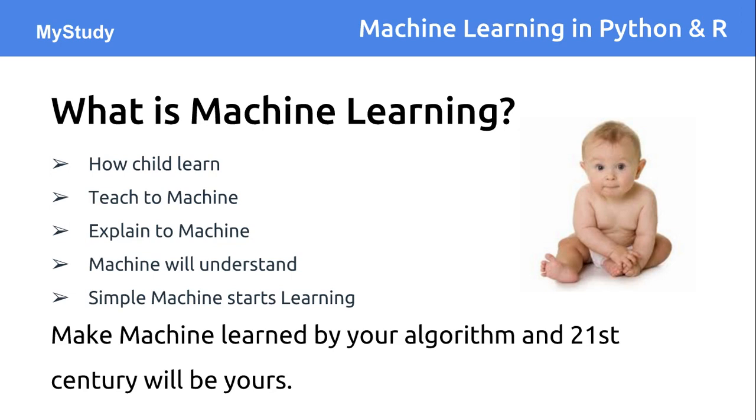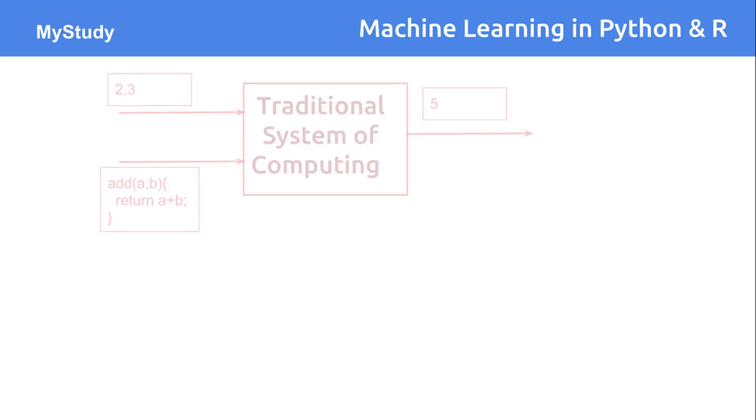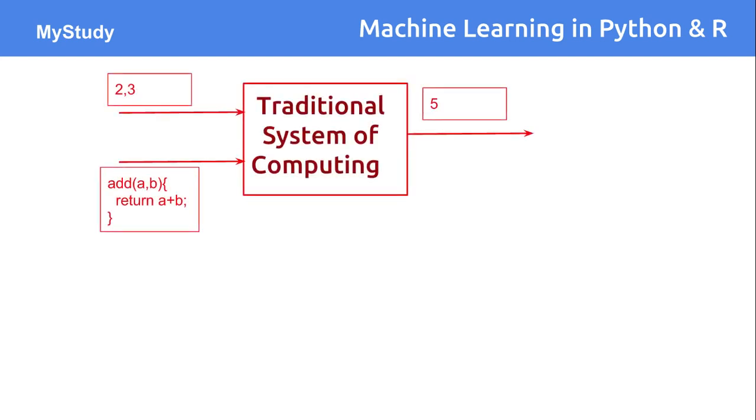Now let's understand conceptually and in a technical way what machine learning is. First, let's understand how the traditional system of computing, the Turing machine, was working before machine learning. In a traditional system of computing, we give the input data plus the program written by a programmer like us.